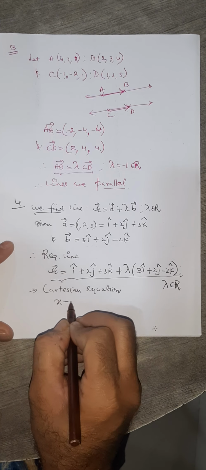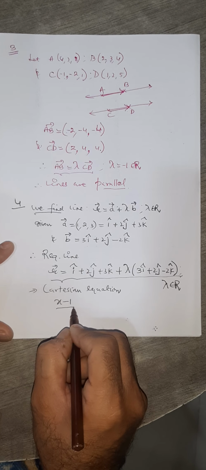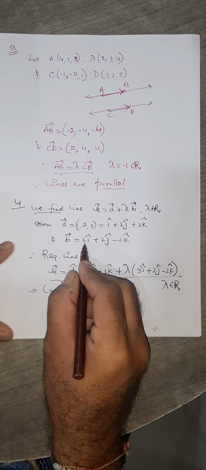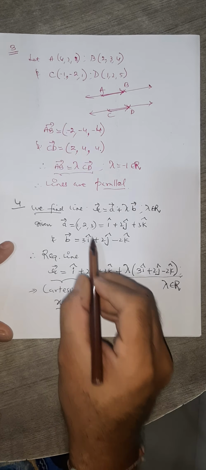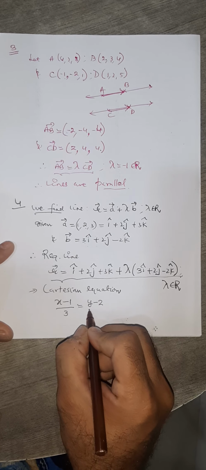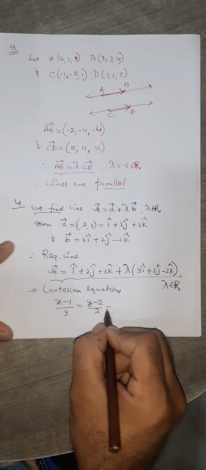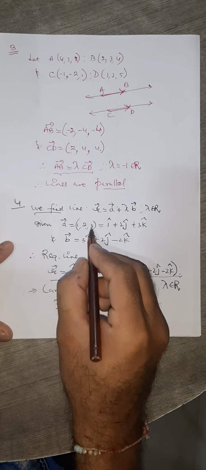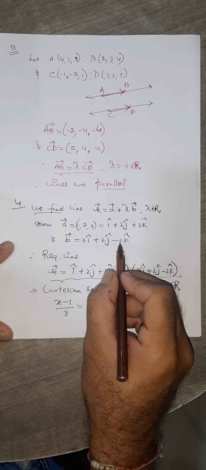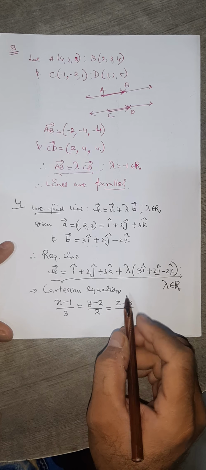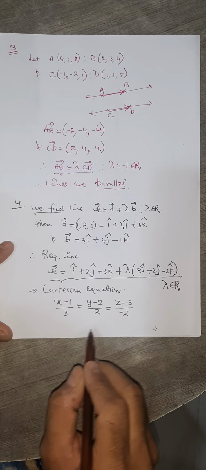Can you recall? x minus x1, fixed point, that is 1, upon the first component of the direction, which is 3. y minus y1, what is y1? 2, upon the direction of the other one, which is 2, equals z minus z1, which is 3, upon the third component, which is minus 2. This is just a Cartesian form. You can write in this form, remember.